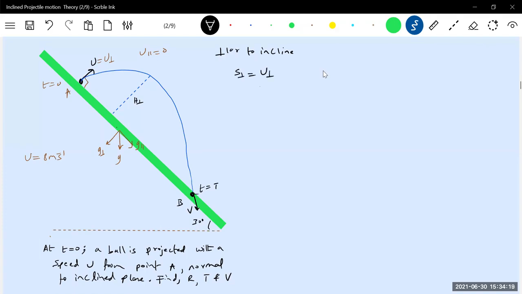Therefore, u perpendicular T minus g perpendicular T square by 2 equals 0. u perpendicular is u, I directly substitute the value 8. g perpendicular should be how much? g cos 30, which is 5 root 3. So g perpendicular will be 5 root 3, and this is g parallel.